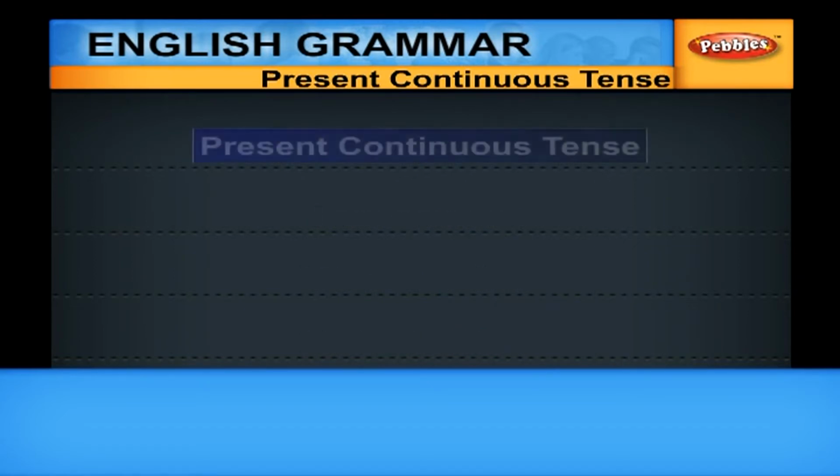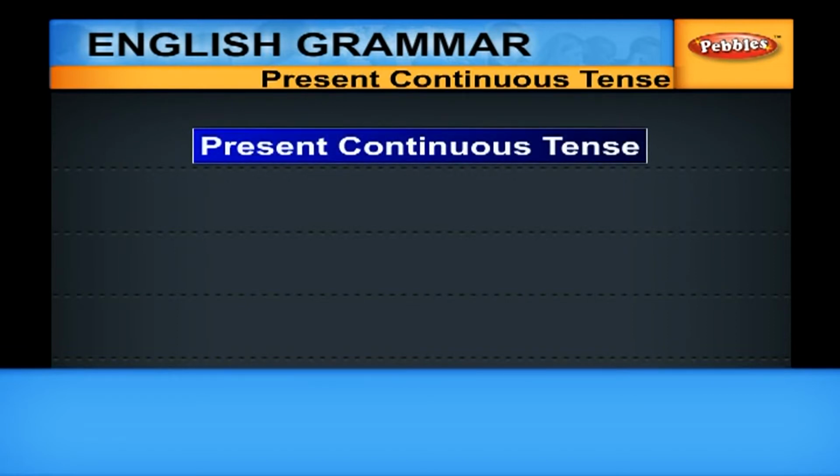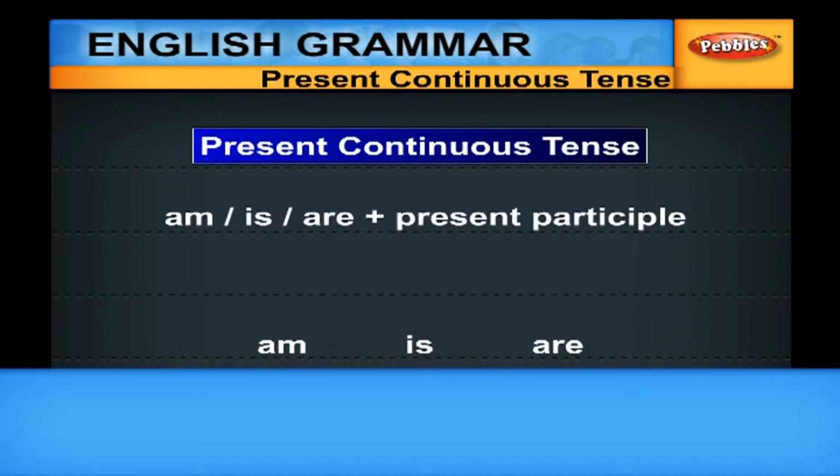So, what are the be forms that you can use in the present progressive tense? It can be am, is, are. So, present continuous tense is equal to am, is, are plus present participle.